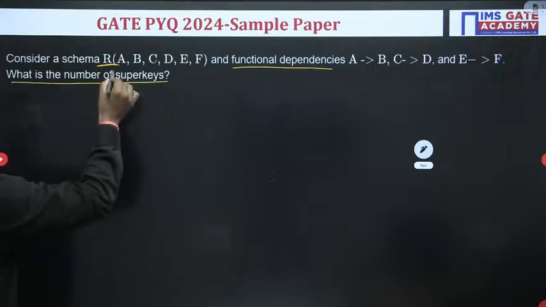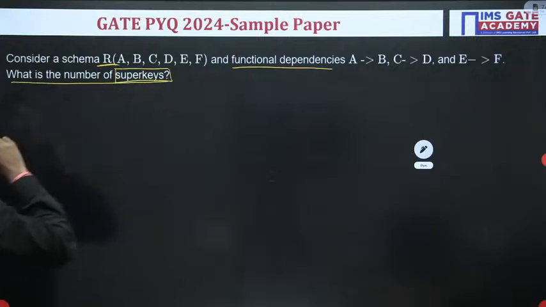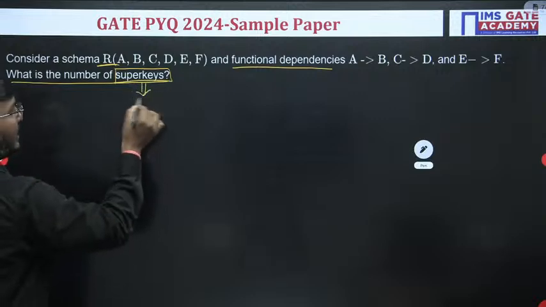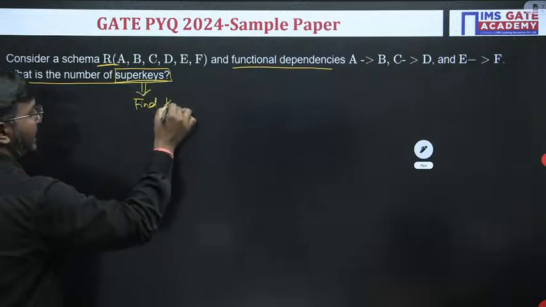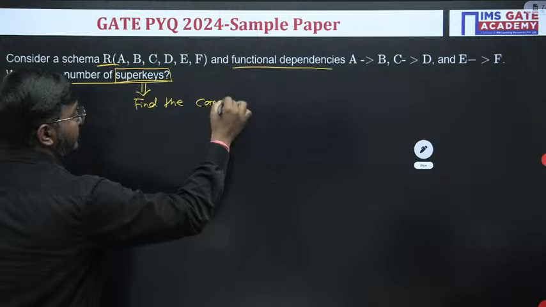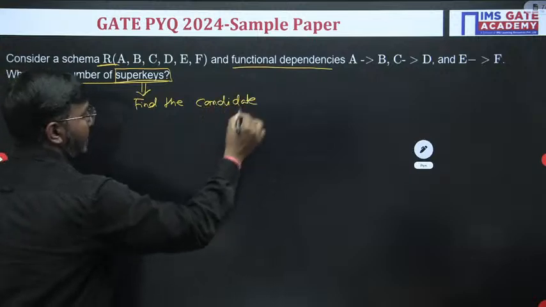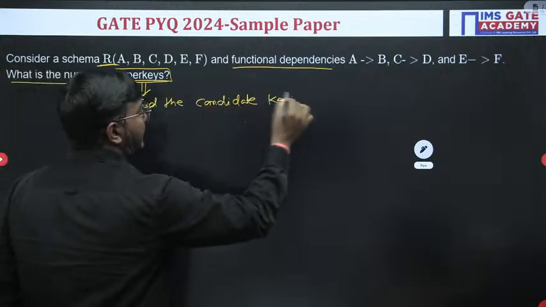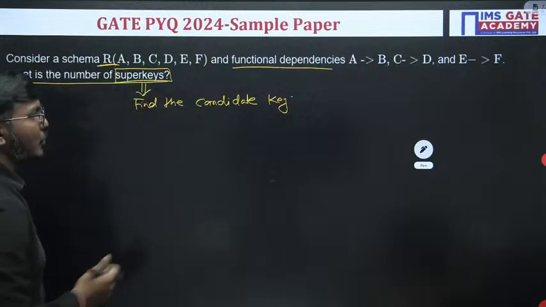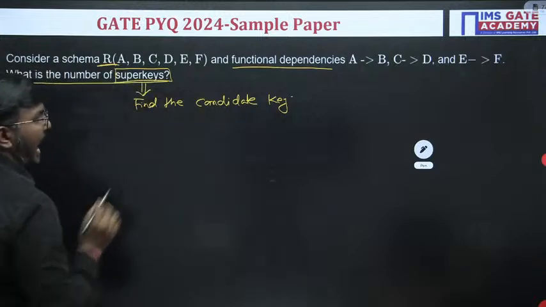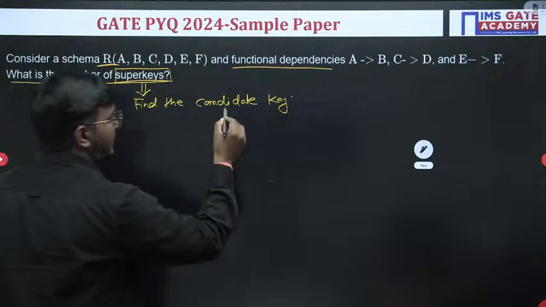We know that if you want to find the super keys, we first need to find the candidate keys. How do we find the candidate key? A candidate key has these two properties.